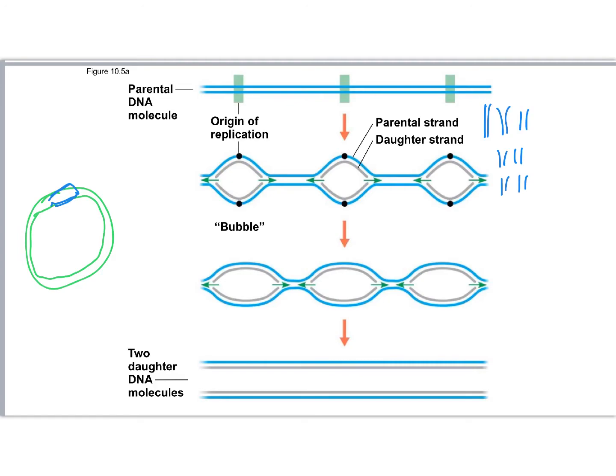So what happens is we have multiple origins of replication throughout our genome. They separate the parent strands. Helicase pushes open this little bubble right here, the replication bubble, or the replication fork. And the new strand is added on top of our template, our parental strand. And they push all the way until they meet, and then we have the two full elongated molecules.